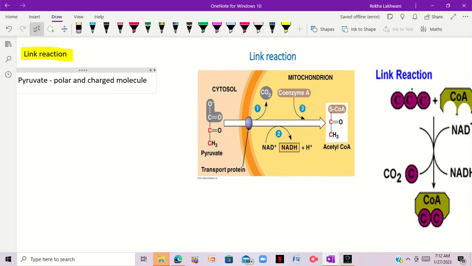So it cannot enter the mitochondria directly, which means it has to be converted into another compound. So conversion is required.